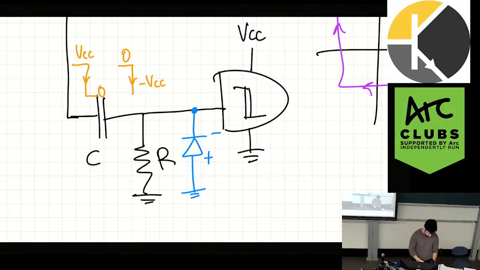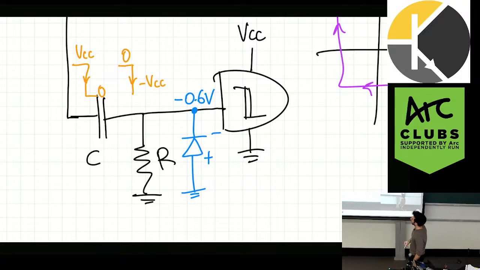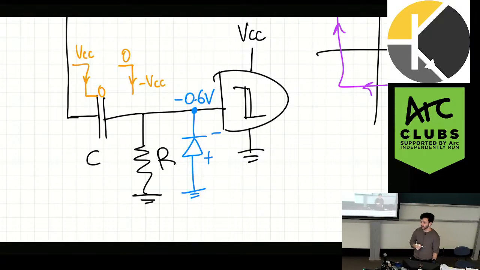So you can imagine it'll just fix to negative 0.6 volts. So instead of dropping down to negative VCC, it'll drop down to enough voltage to keep that diode on. Now, as you rightfully mentioned, most of the time this is inside the Schmitt trigger, but good point to mention.